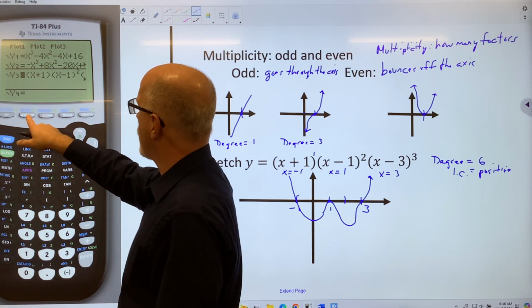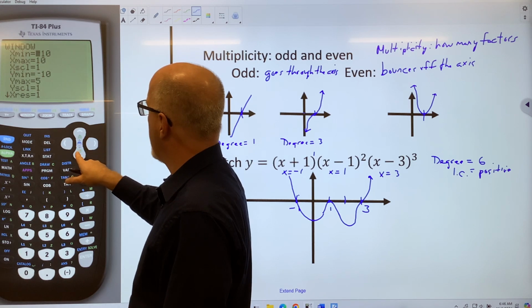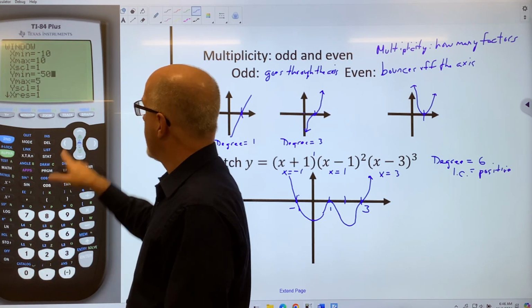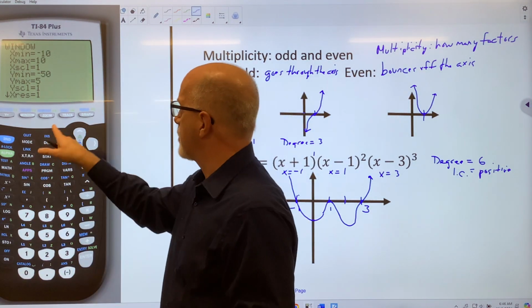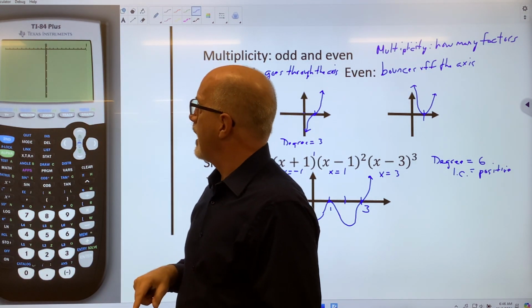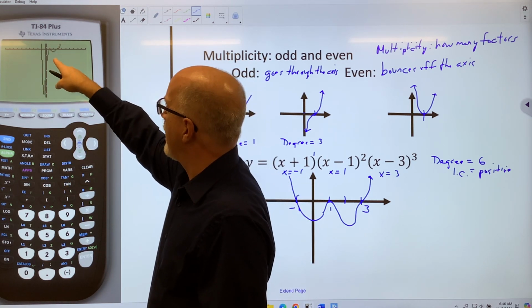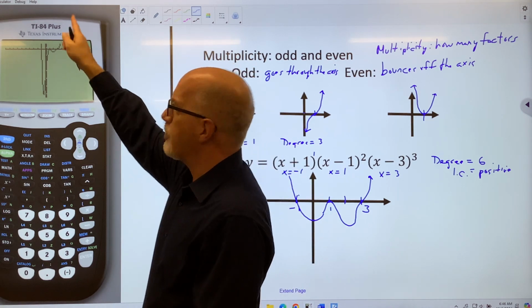Okay, the actual graph goes down quite a ways, so I'm going to change my window here and go for a minimum, maybe down to -50. Now take a look at the graph. We're hoping it looks kind of like this for a sketch. Let's take a look. Okay, so it comes down, goes way down, and then it comes up, bounces at 1 here, and then goes up through 3.